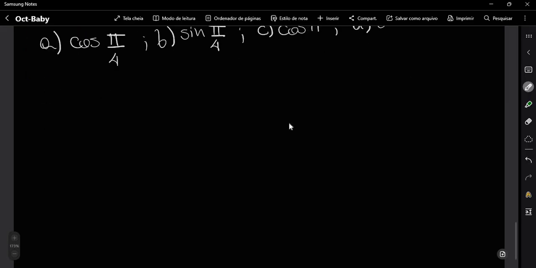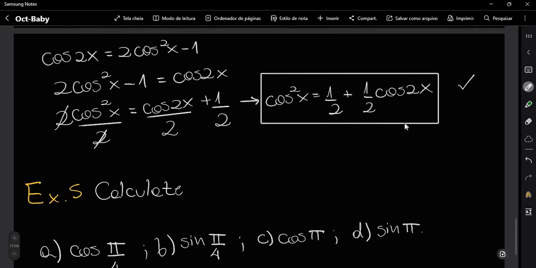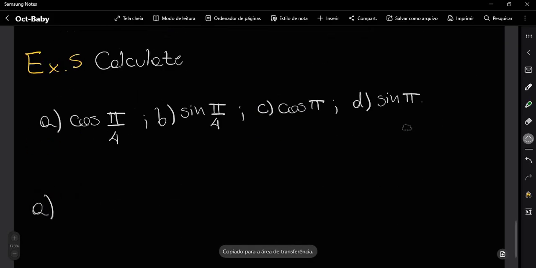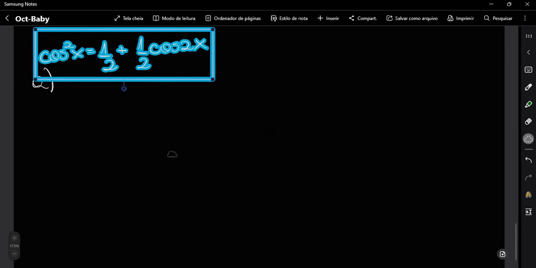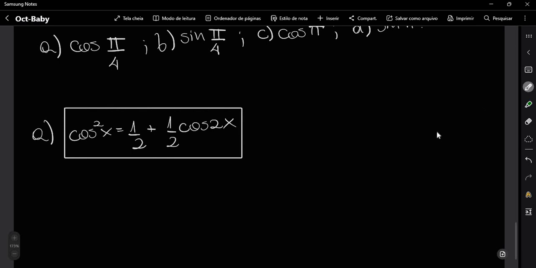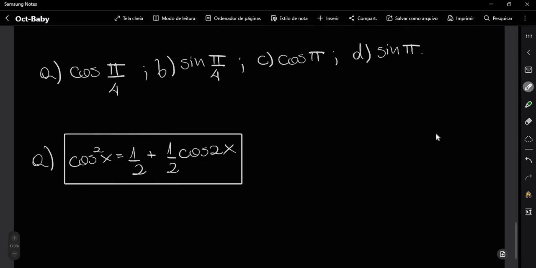For a, we can use this relationship, and right here what we would do is to plug in a real number x equal to pi over 4.